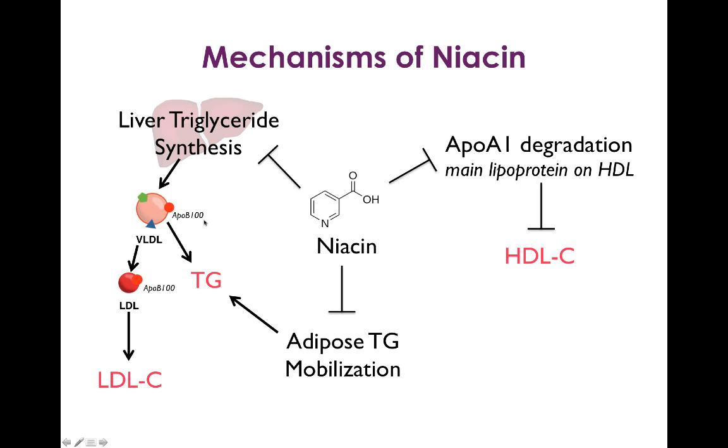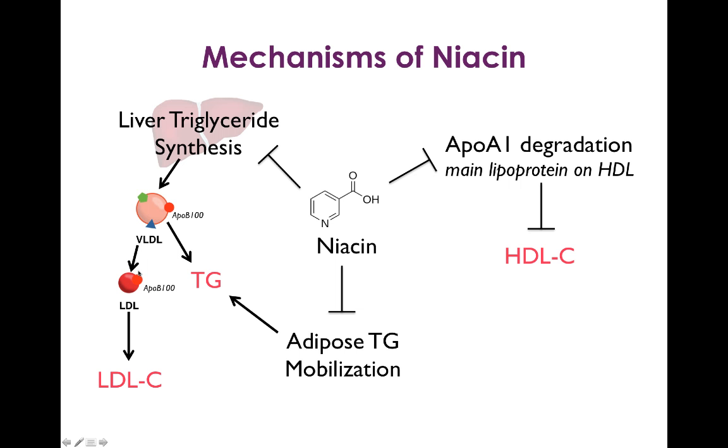So the ApoB100 is just sitting around in the liver, and eventually it gets degraded. So by blocking liver triglyceride synthesis, you slow down this pathway, and eventually you degrade ApoB100, meaning that you get less VLDL production and less LDL production.